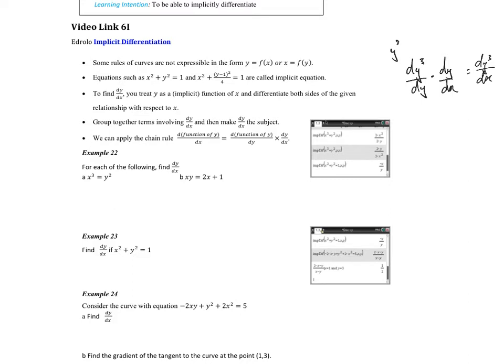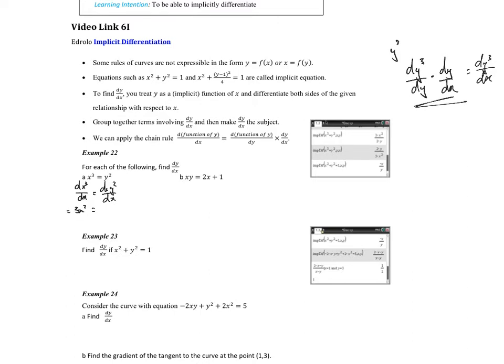So really what we're saying is the derivative of x cubed with respect to x is equal to the derivative of y squared with respect to x. So if I differentiate both sides with respect to x, the left hand side is simply 3x squared, and the right hand side, the derivative of some function in terms of y with respect to x, is the chain rule.